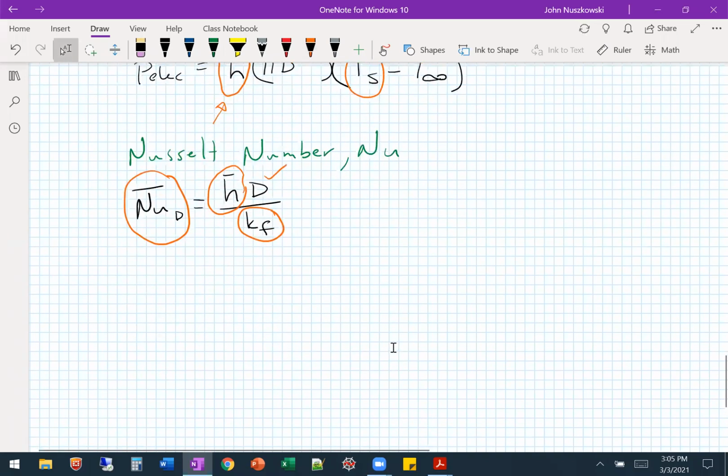So I'll start with this one. The thermal conductivity of the fluid, okay, what temperature do I use? The average. Yeah, the average. So that'll be the film temperature, which is T surface plus T infinity over 2. The challenge is we don't have T surface, right? Because we're solving that. So we have to assume one or guess, right?